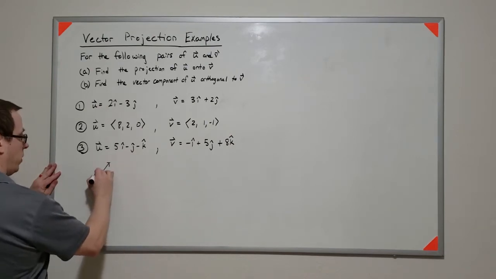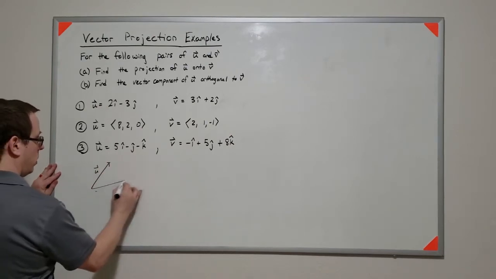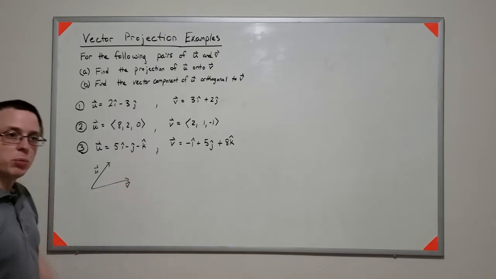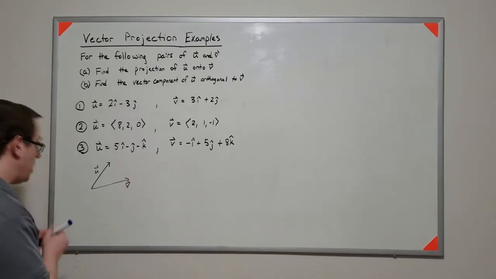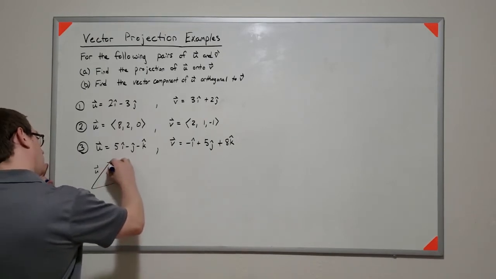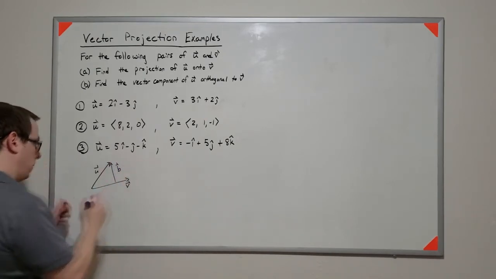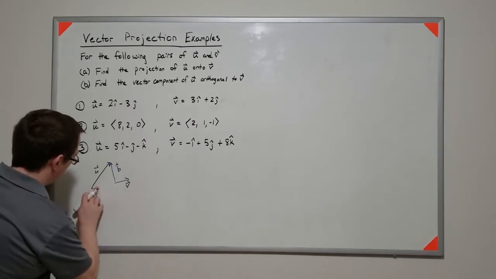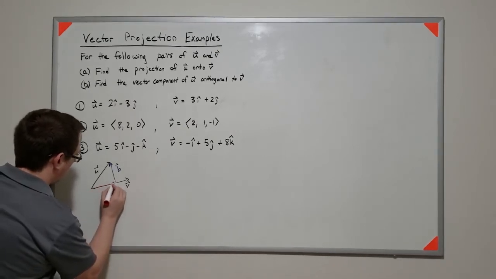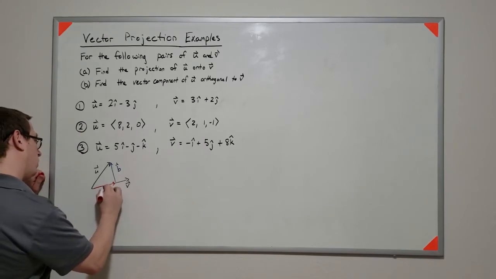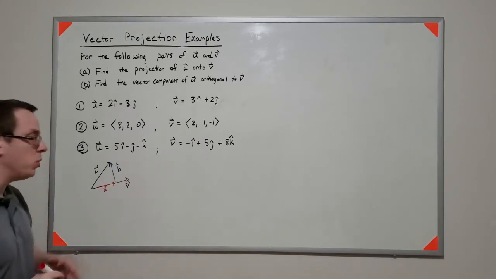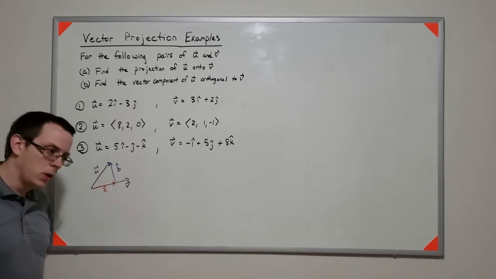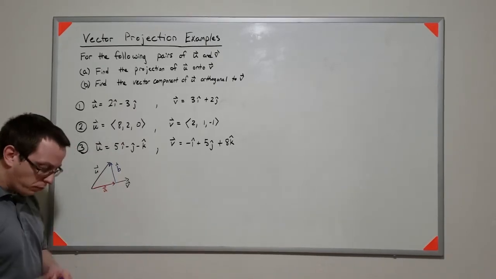I have a vector u, and then I have a vector v, that I can separate into two pieces, and we'll call them A and B, where A is the projection of u onto v, and B is that orthogonal component.